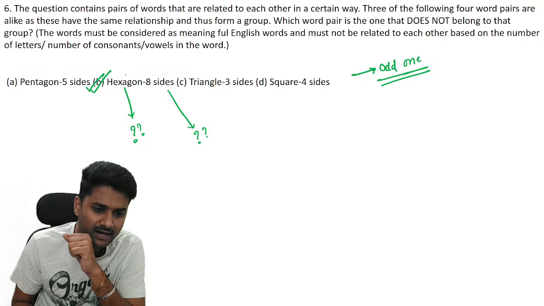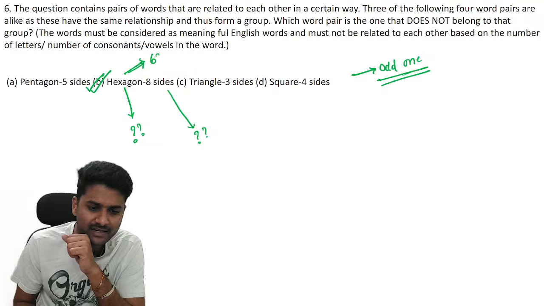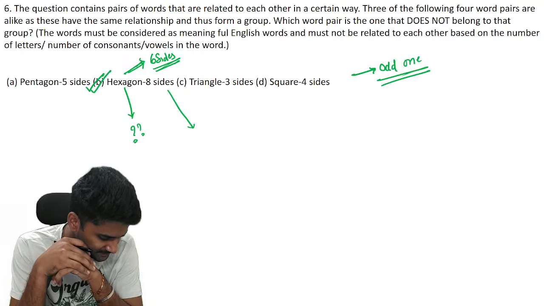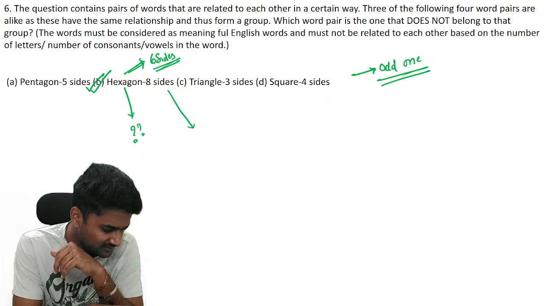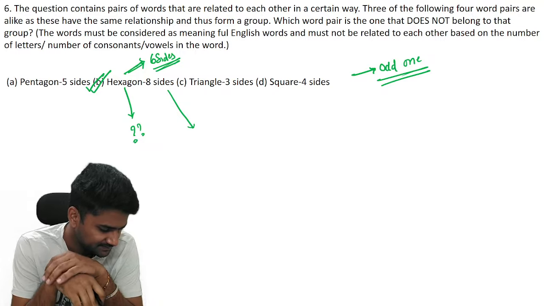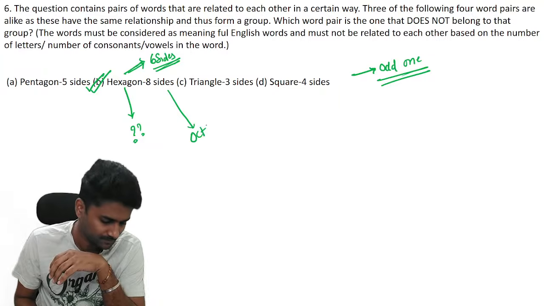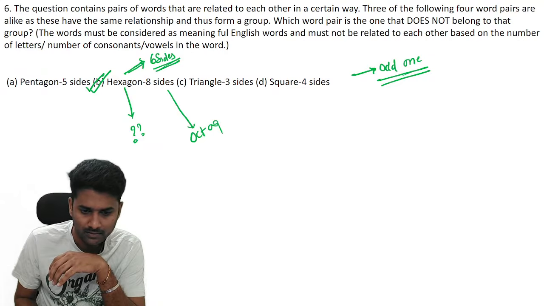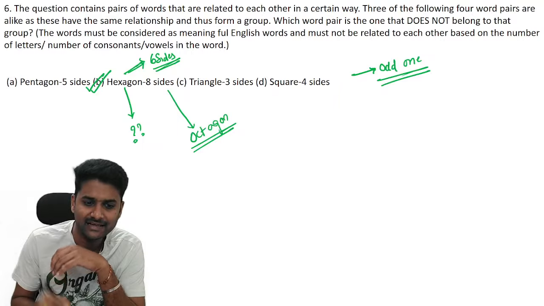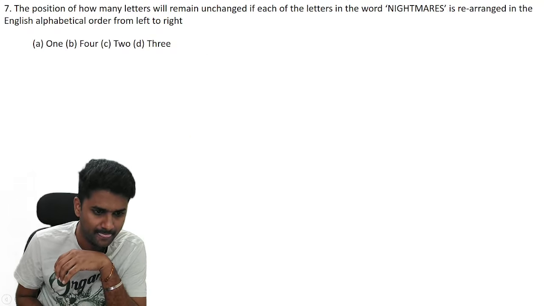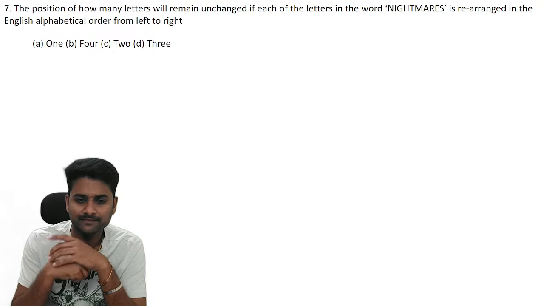Yes, very good. The number of sides for a hexagon is 6. But if the number of sides is 8, what is the specific name of that figure? Yes, very good, Nani. It's an octagon. So octagon has 8 sides, hexagon has 6 sides. Very good. Move on to the next question.